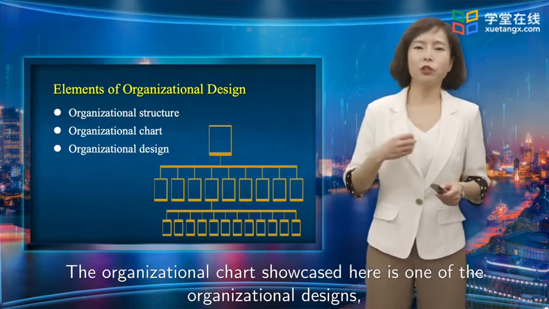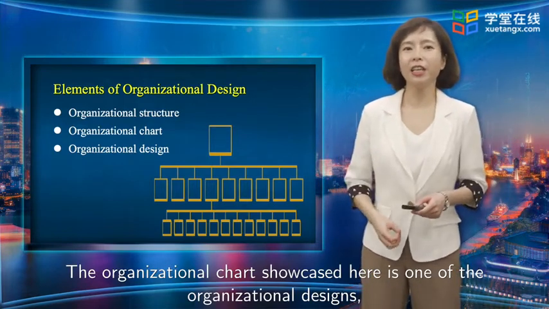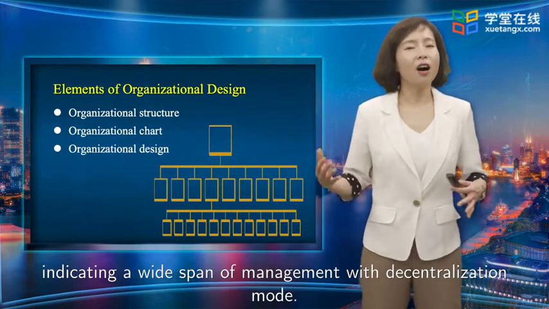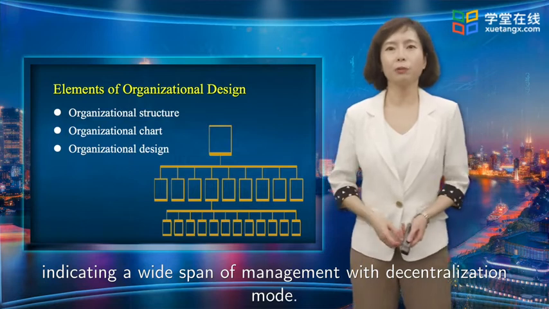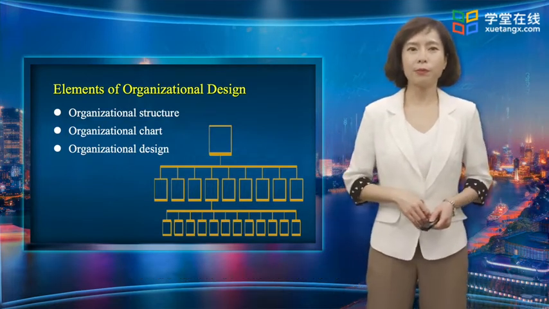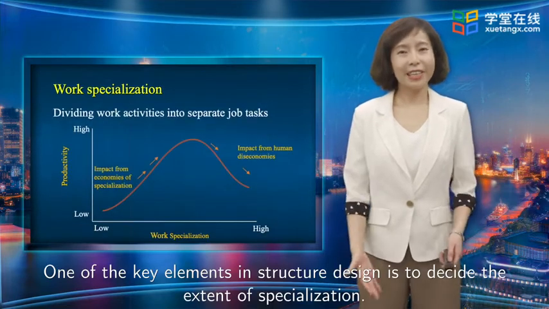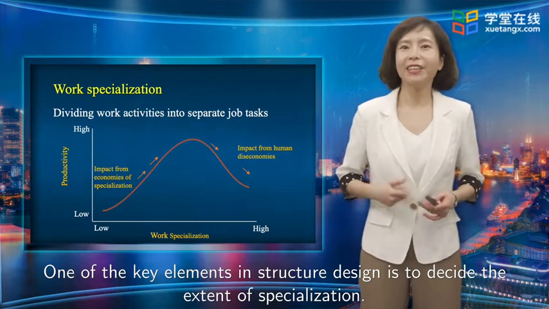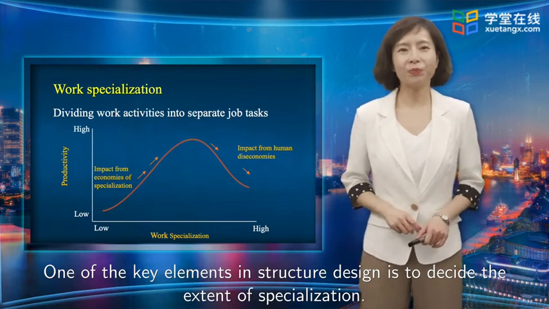The organizational chart showcased here is one of the organizational designs indicating a wider span of management with decentralization mode. One of the key elements in structure design is to decide the extent of specialization.